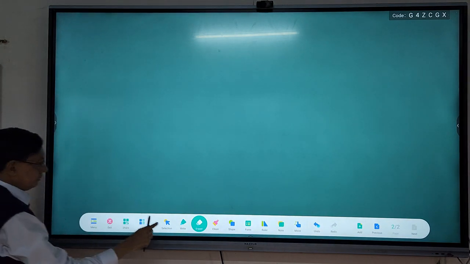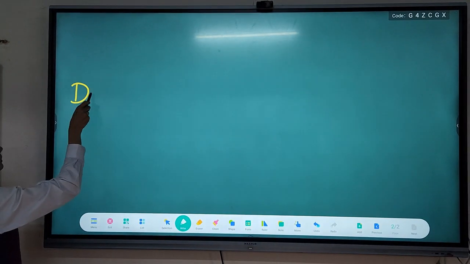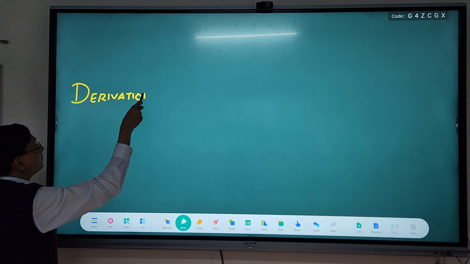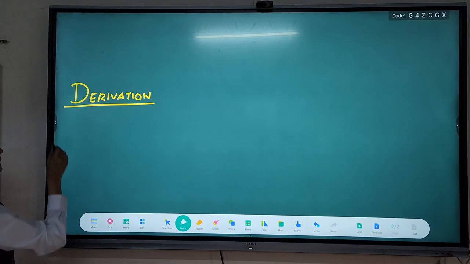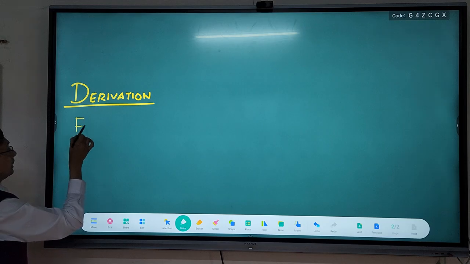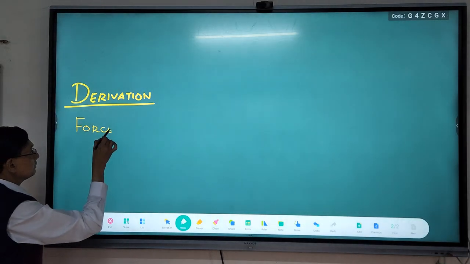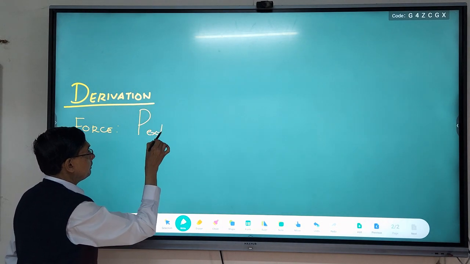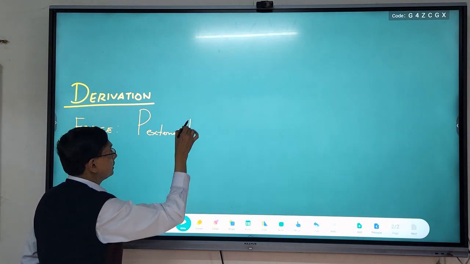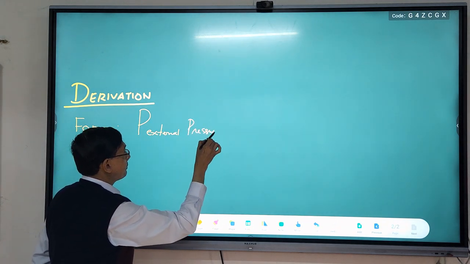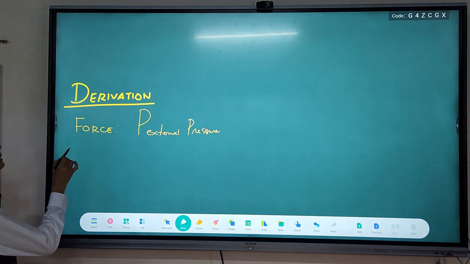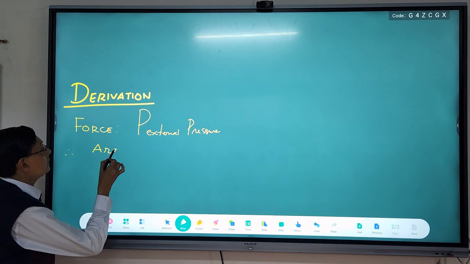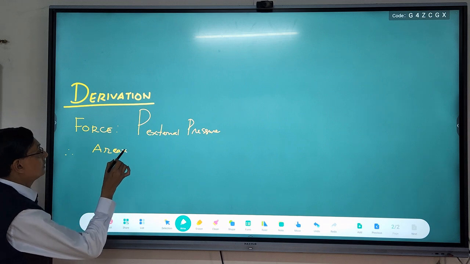I'll do the derivation. First is the calculation of the force due to the external pressure, P external, and that can be calculated simply by area into pressure.